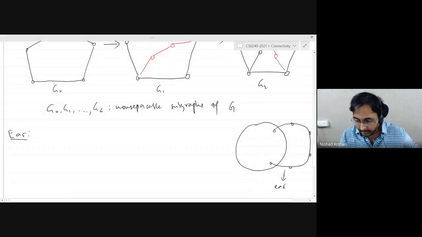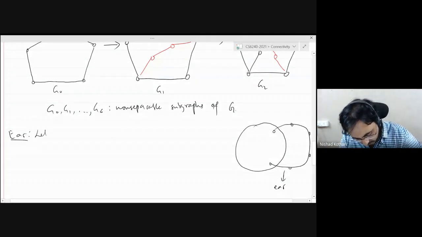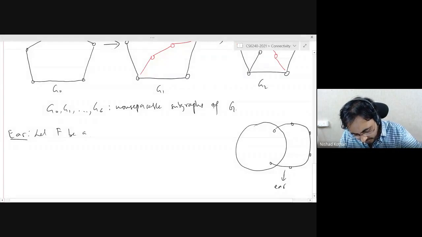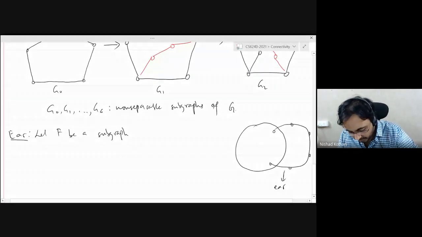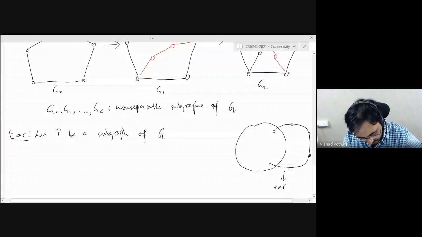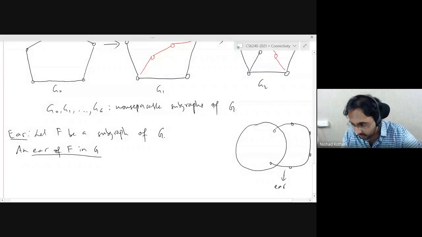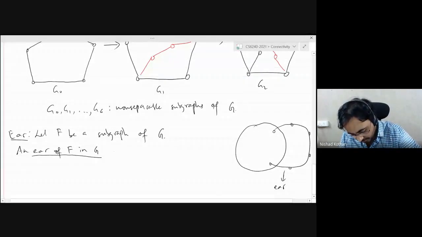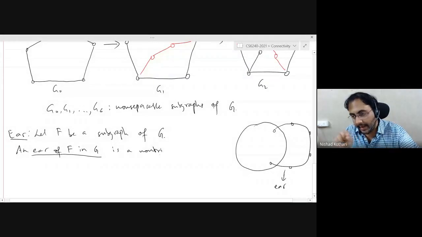So let F be a subgraph of a graph G. An ear of F in G, so it's a bit of a mouthful, is a non-trivial path. By non-trivial, I mean it has at least two vertices, so it could be one edge, for example.